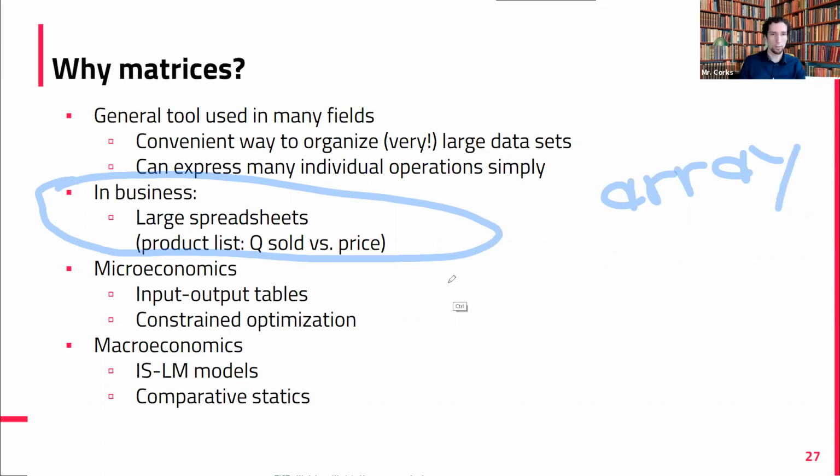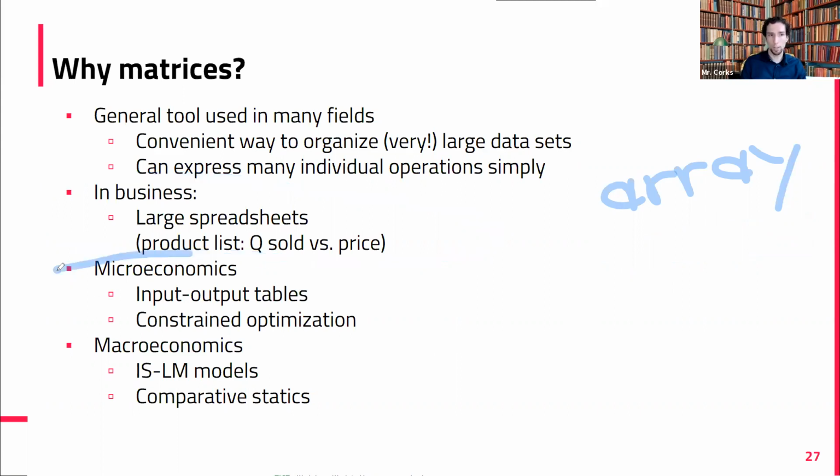Specifically, on the math side of things, microeconomics. I don't know if you will see this in your current micro econ class or not, but if you go a little further in micro, there are input-output tables. I'm not going to try to explain these now because I can't briefly explain them in a way that would actually be memorable, but there are lots of applications of this.